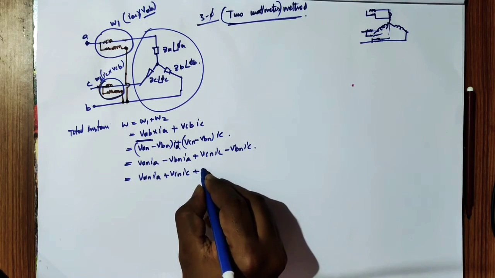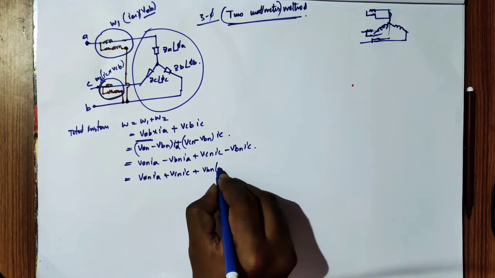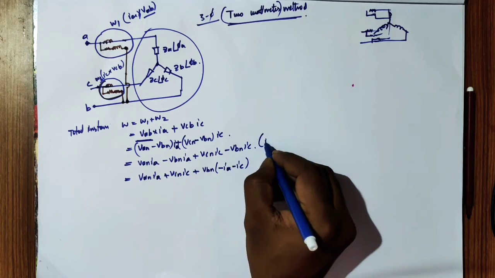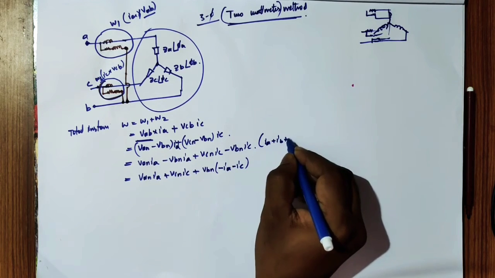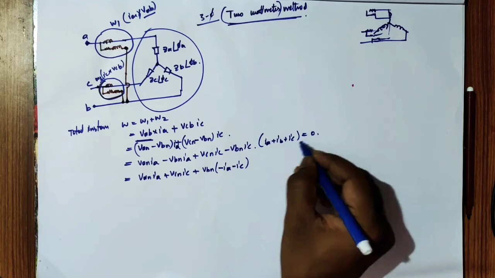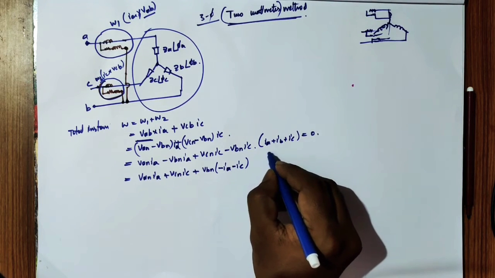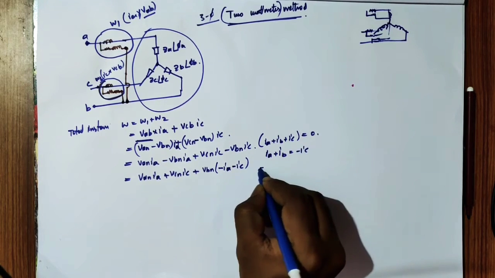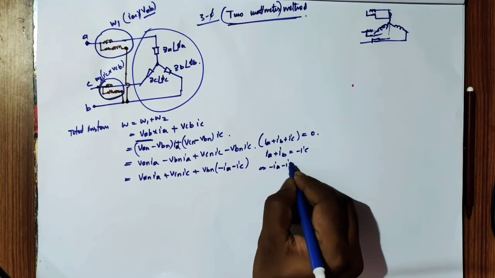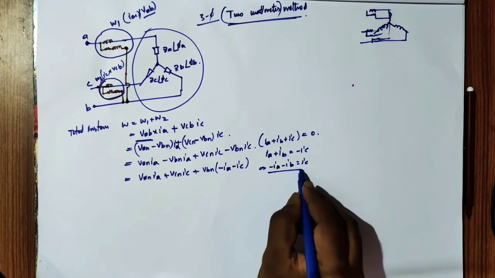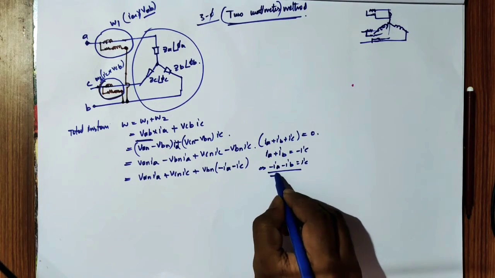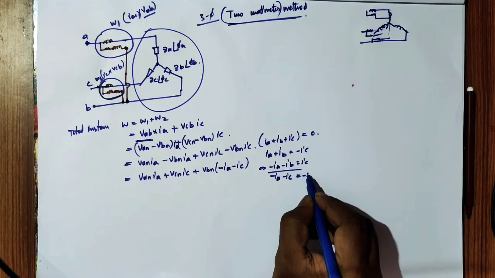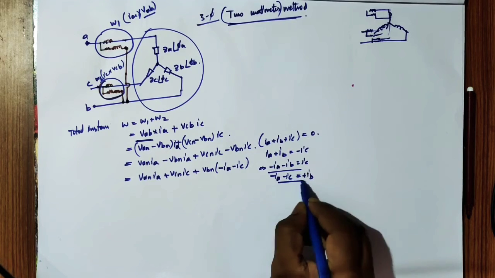We have VBN common, and minus IA minus IC. In general we have IA plus IB plus IC equal to 0, so IA plus IC equals minus IB, therefore minus IA minus IC will be equal to plus IB. So substitute this here.